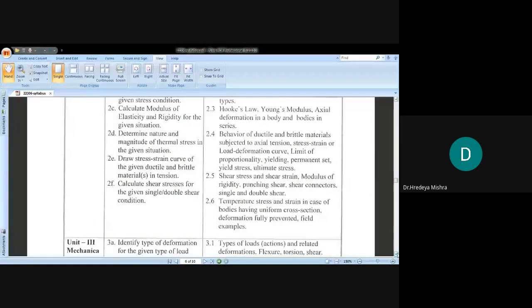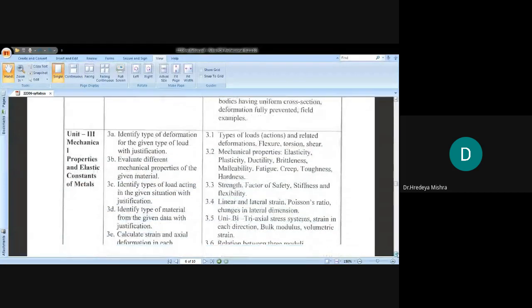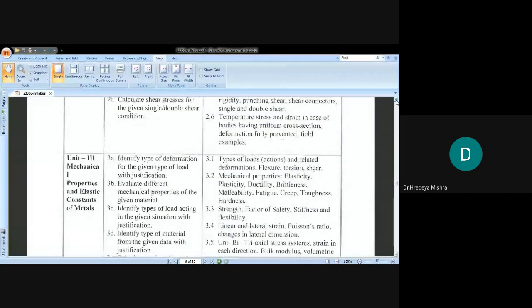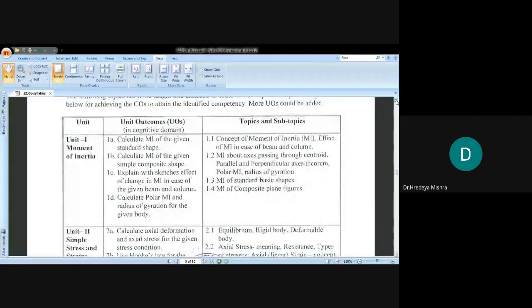But we start our subject from here, mechanical property and elastic constant of the metal, because first we know these mechanical property and elastic constant, then we can apply these things for the moment of inertia and finding out the simple stress and strain, because we first know the property.